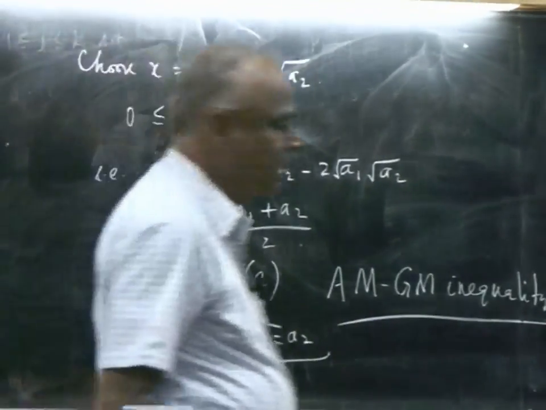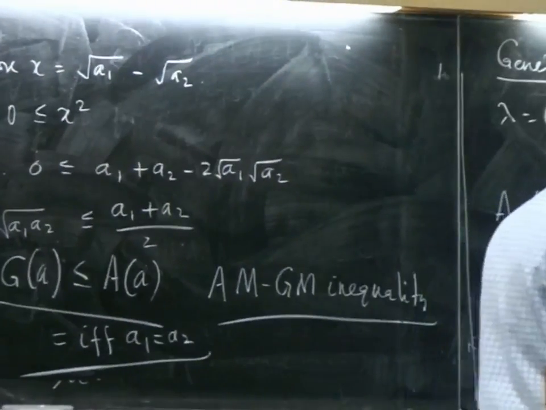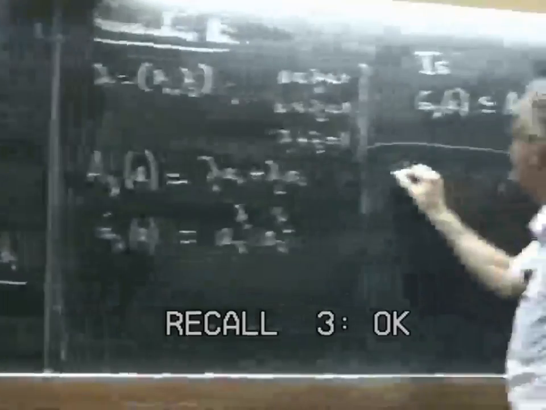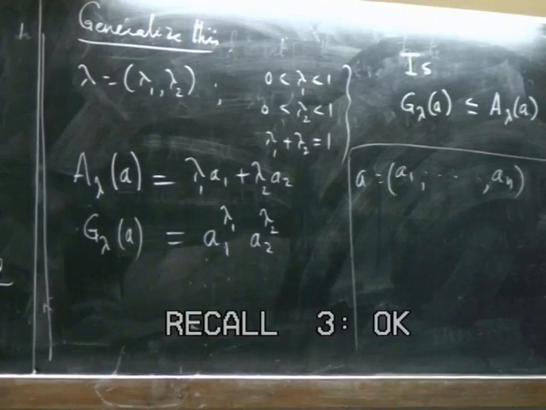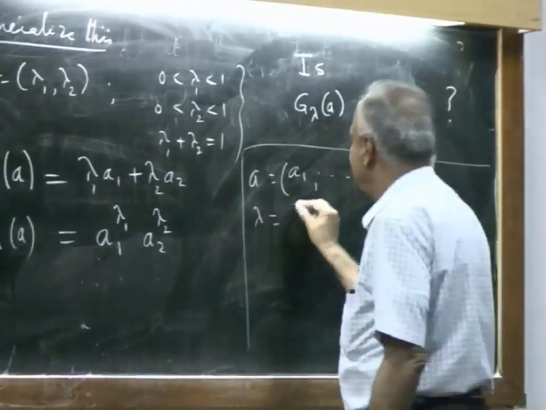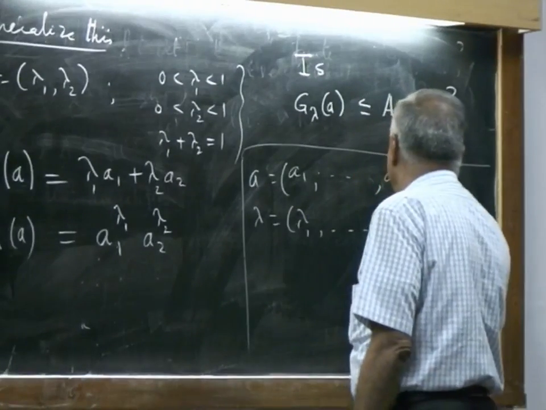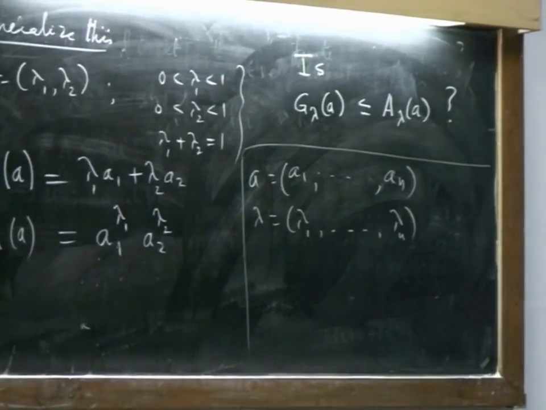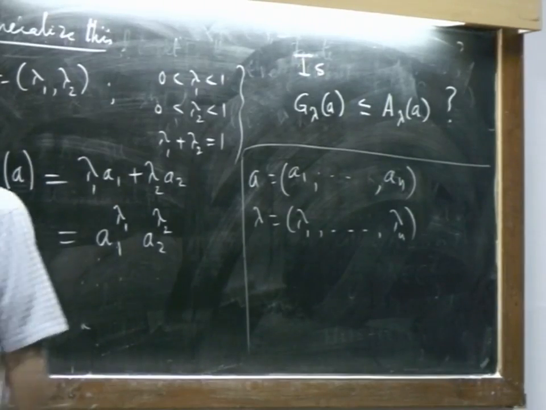Okay. So that is called the weighted mean. In fact, I would ask you to look at even the following. Suppose I have n numbers, and I have n weights. When all weights are equal, we get the standard geometric and standard arithmetic means.